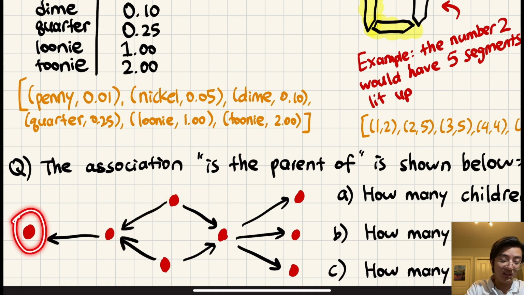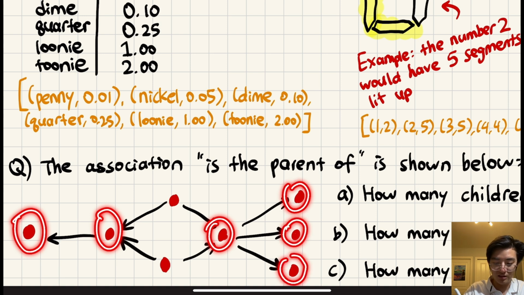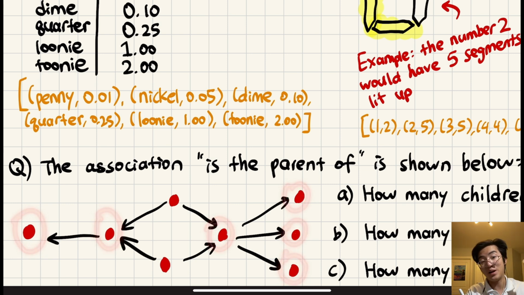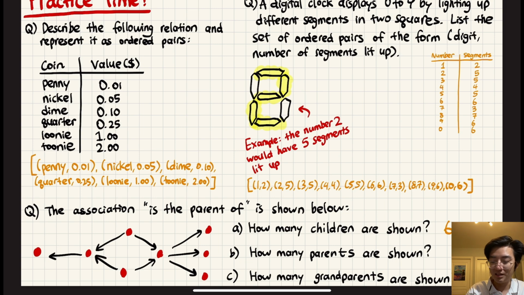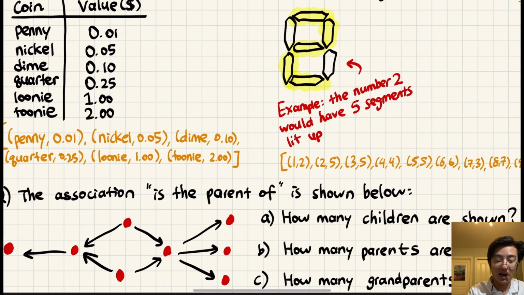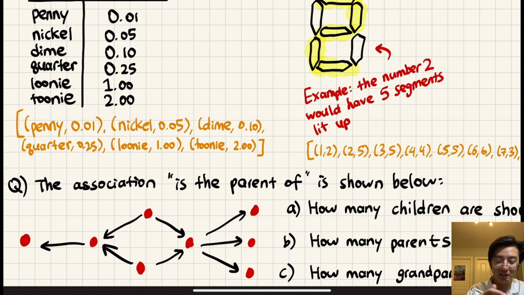So which means that we can look at this one right here, this one, this one, this one, this one, and this one. So those 6 dots are representing children because they're on the receiving end of the association "is a parent of." Right? So this tells us we have 6 children here. Okay, how many parents are shown? With the parents, this one's a lot more straightforward, right?